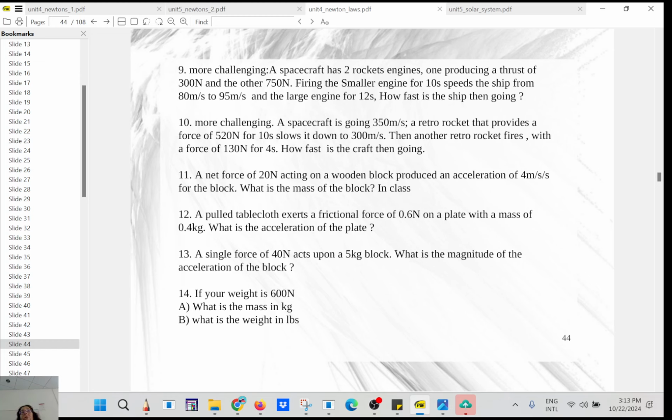You multiply by 2, so 120 pounds. Or you can divide this by 5 and get about 120 pounds. But pound is a force. In the British system, the unit for mass is the slug, and the unit for force is the pound. That's confusing.